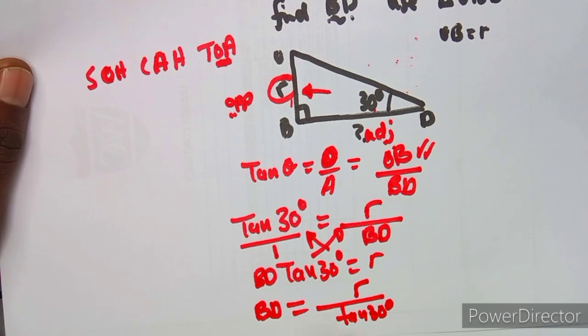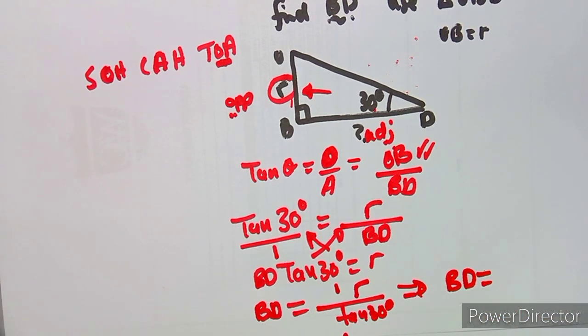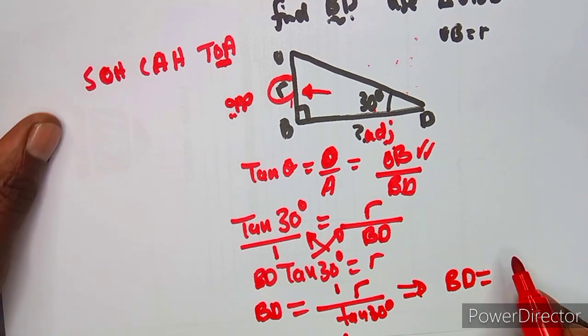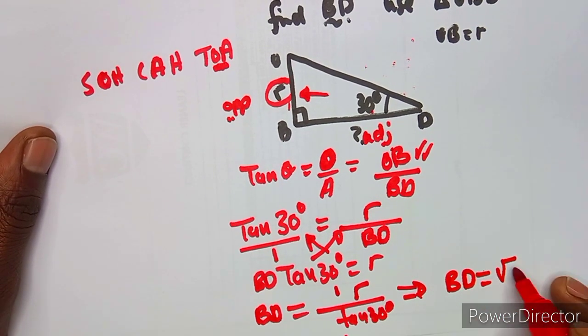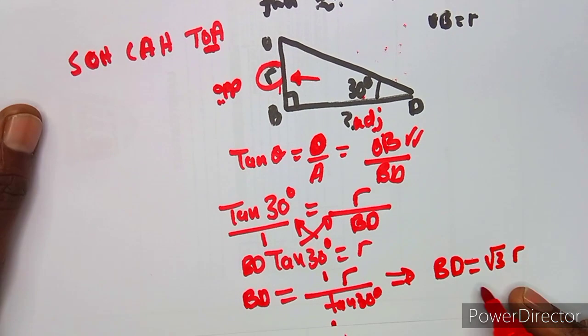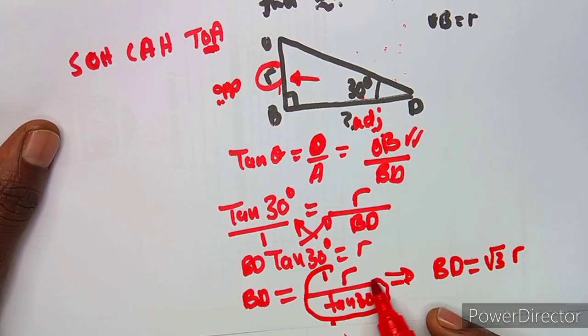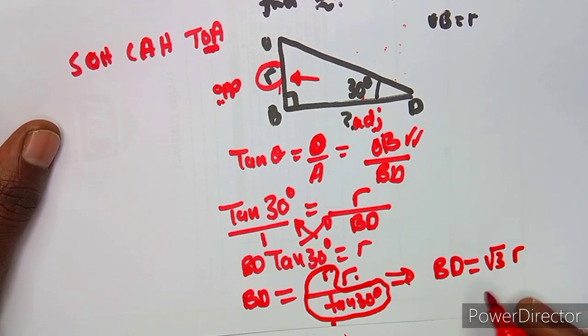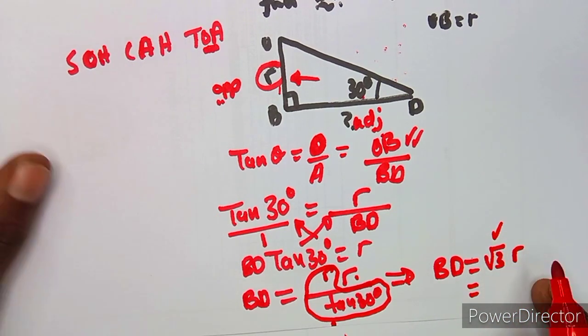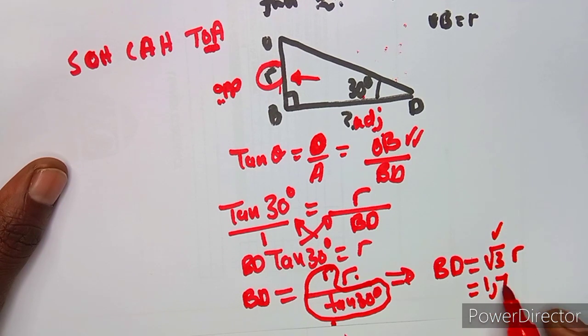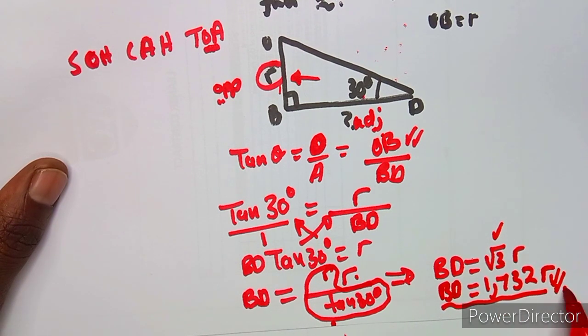This is the same as 1 over tan, which gives us square root of 3 R, and square root of 3 as a decimal is 1.732R if you round off properly. So this is our BD in terms of R.